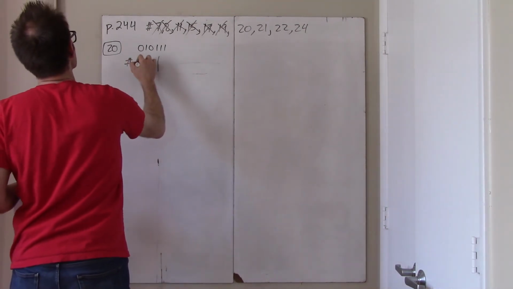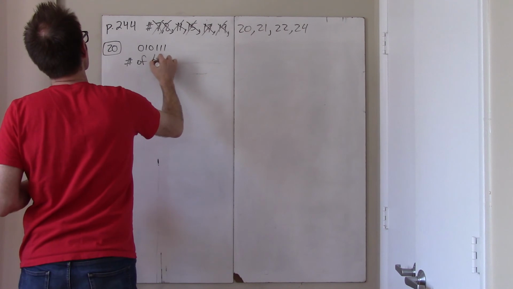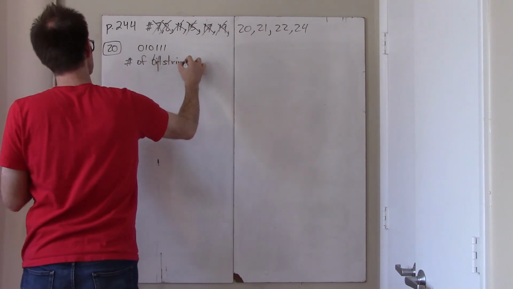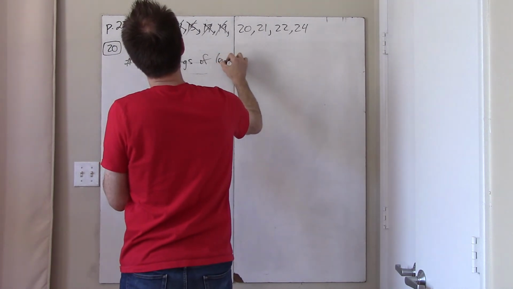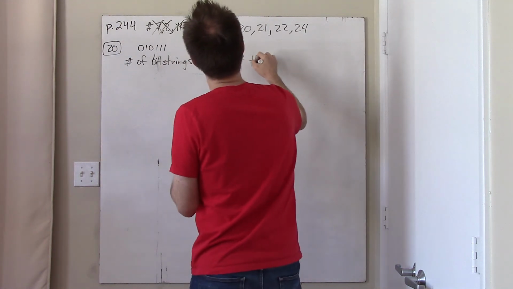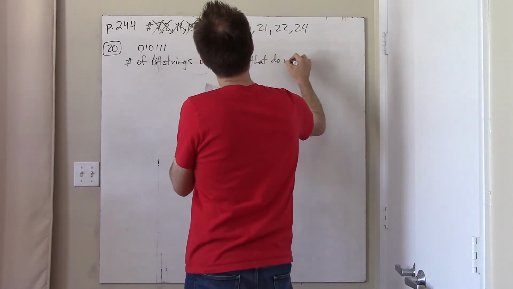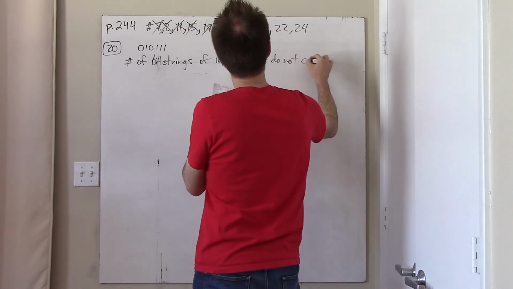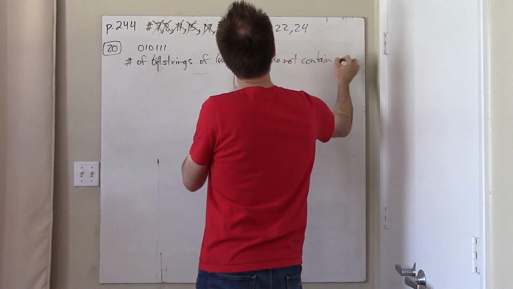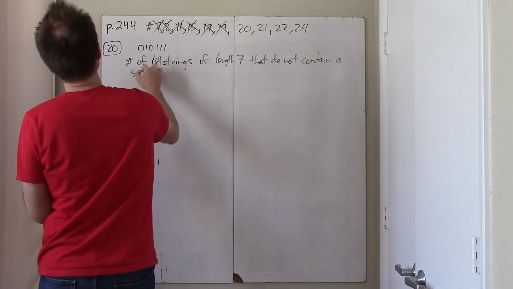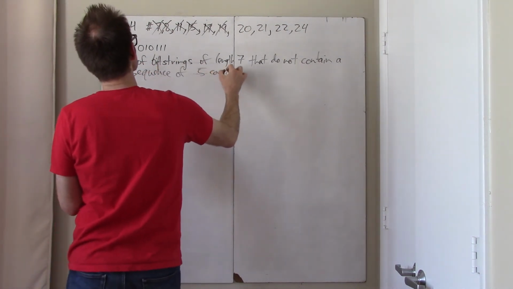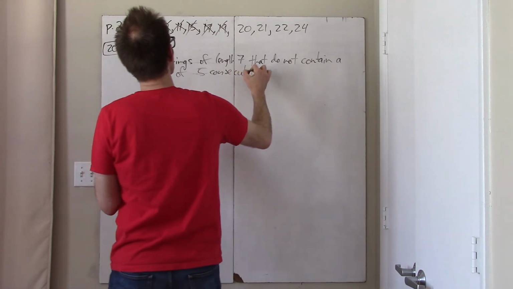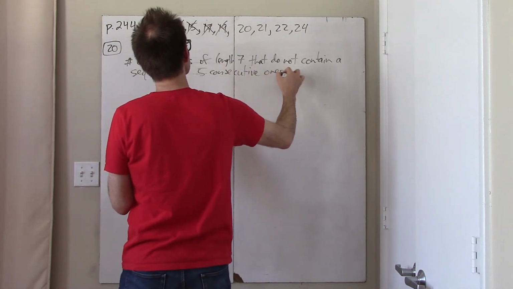We want the number of bit strings of length 7 that do not contain a sequence of 5 consecutive ones.